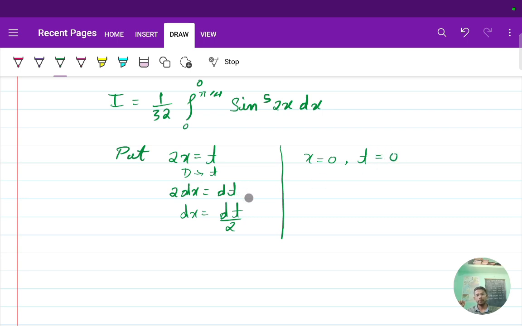Then the upper limit is pi by 4. So when x is equals to pi by 4, we get 2 into pi by 4 is equals to t, that is t is equals to pi by 2.